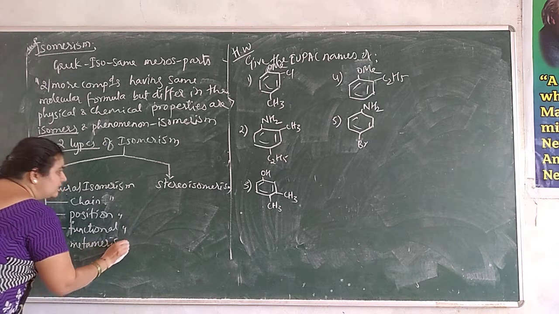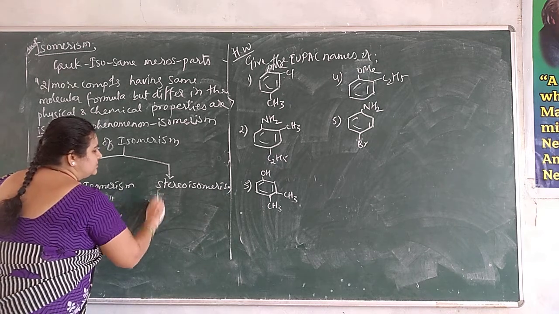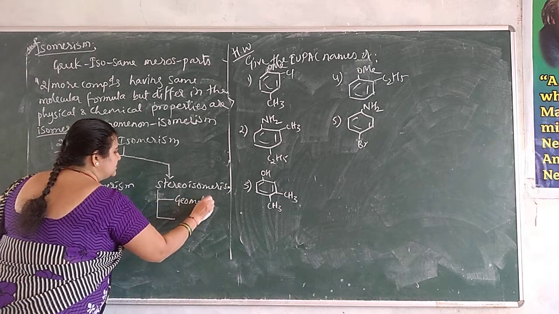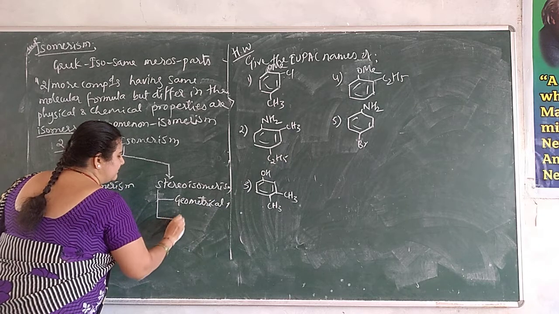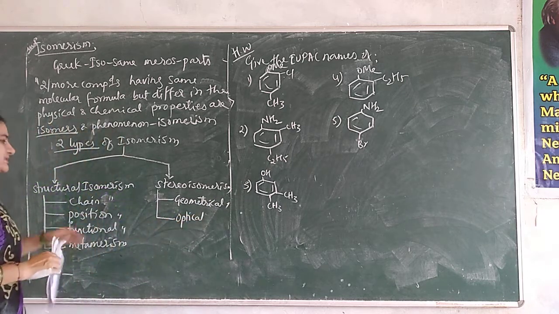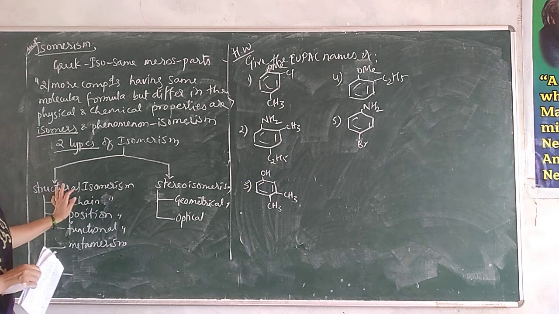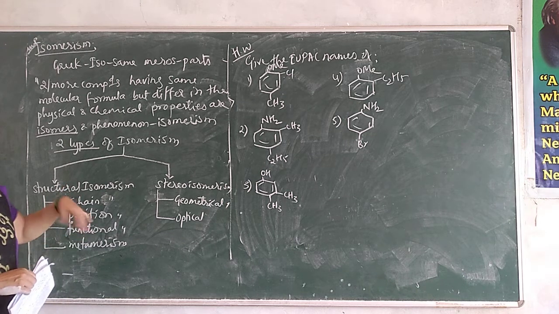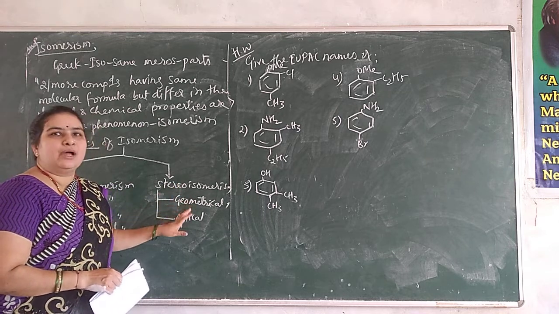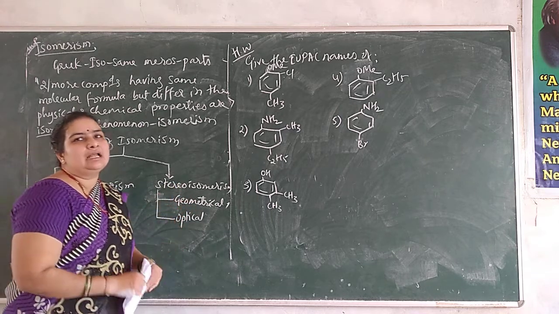And in stereoisomerism, two classes are there: geometrical isomerism and optical isomerism. In this topic, I am just discussing the types of structural isomerism only, and in the hydrocarbons topic, you will come to know about geometrical and optical isomerism.